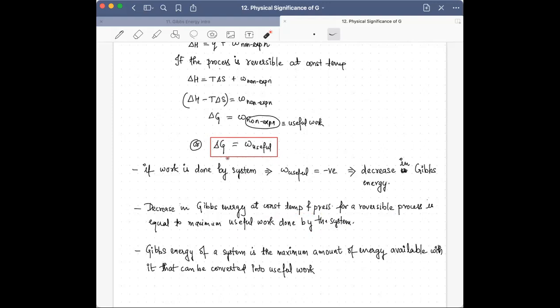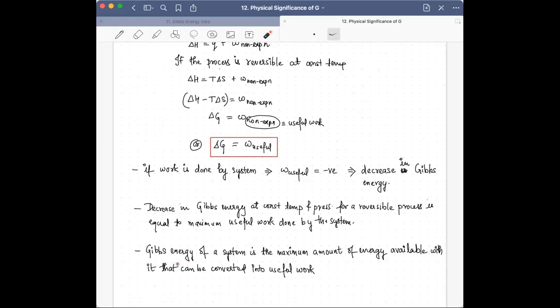The magnitude of decrease in Gibbs energy which we observe under constant temperature and pressure, provided the process is reversible, is equal to the maximum useful work that we can obtain from a system. That is another way of understanding this.